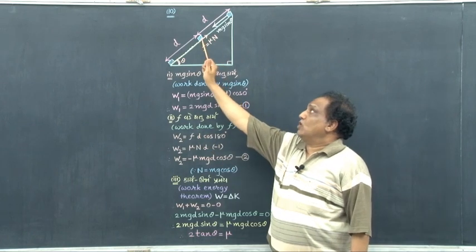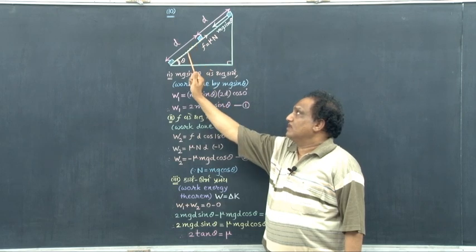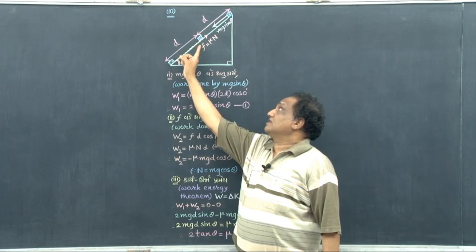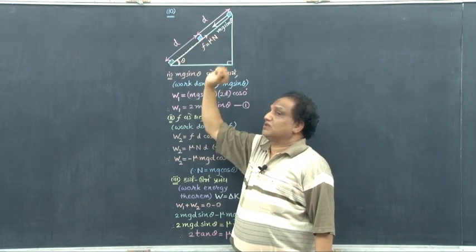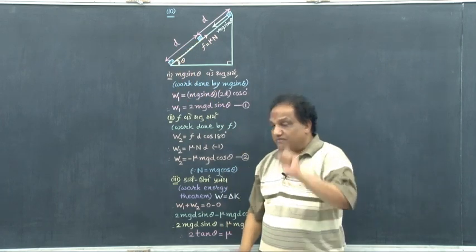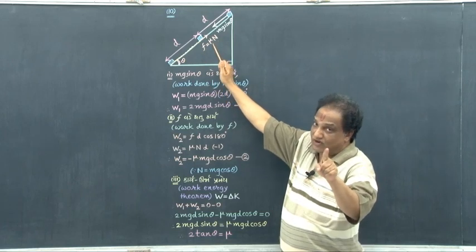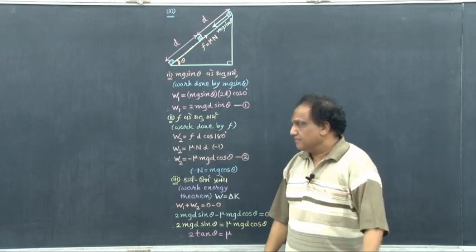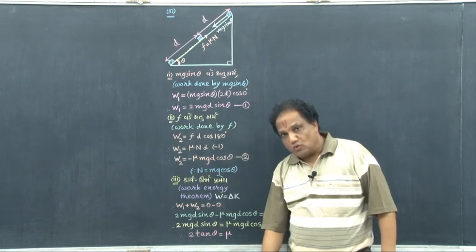Now, by the time the block comes from here to here, it has to overcome the frictional force exerted by this rough surface, but that frictional force is exerted on the contact surface of the block in just the opposite direction, opposite to the direction of displacement, correct. And that frictional force is f equals mu N, where mu is the coefficient of friction, capital N is the normal force, correct, fine. The work done by frictional force f, let it be W2.